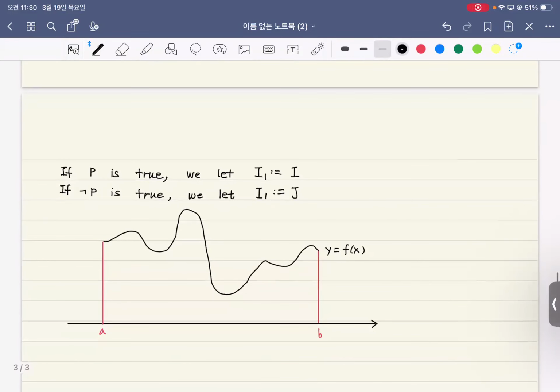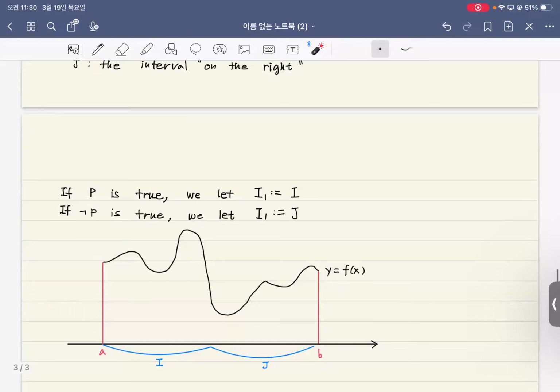We divide this whole interval into two equal intervals, and this one is called I, and this one is called J. Based on this picture, I can find a point in I, this point, whose function value bounds the function values on the interval J. So in this case, the proposition P is true.